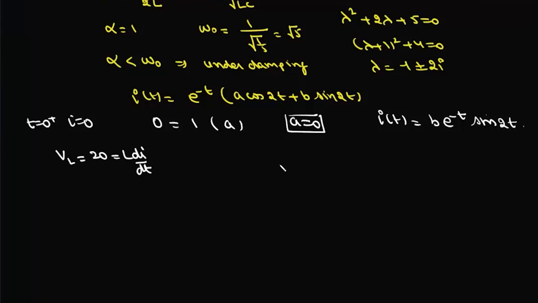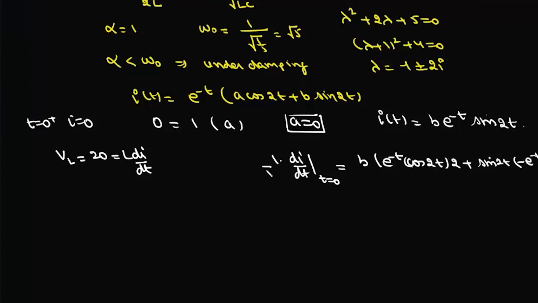Now L is 1, so basically 1 into di by dt at t equals 0, so it will be B e to the power minus t, cos 2t into 2 plus sin 2t and then minus e to the power minus t, and this is equal to 20. Now if we put t as 0, the sine part will be 0, so we'll get 2B equals 20, or simply B is 10.